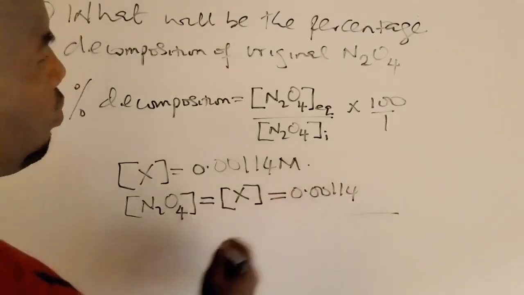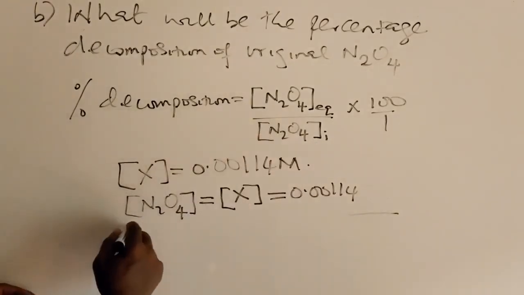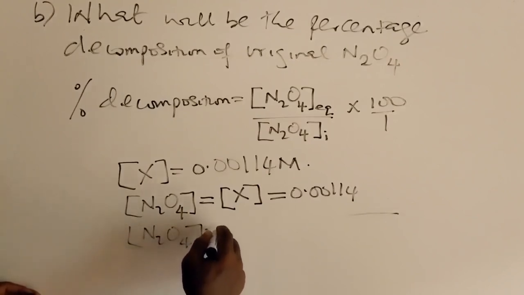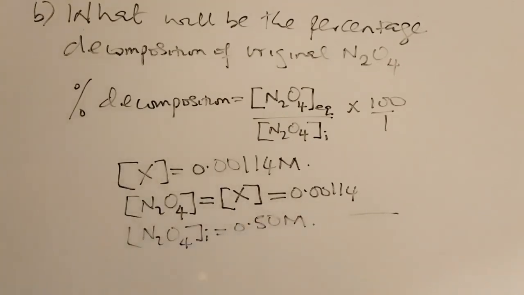And when we calculate the initial concentration of this substance, using mole over volume, we got 0.5 mole per dm cube. So to find the percentage decomposition, we just make substitution.